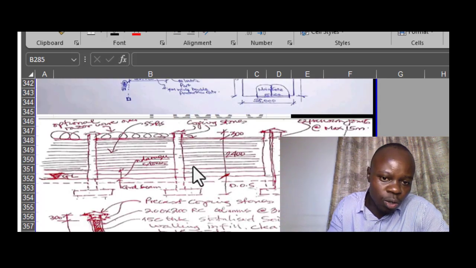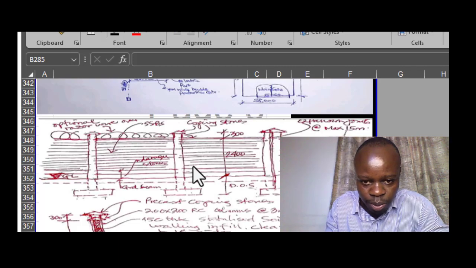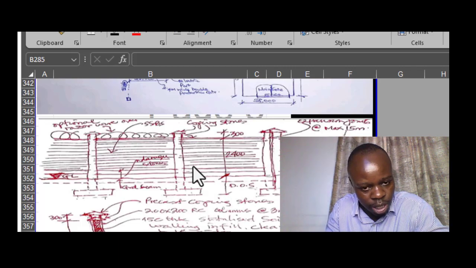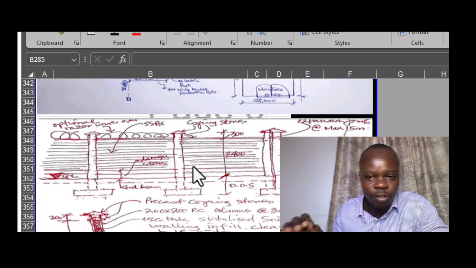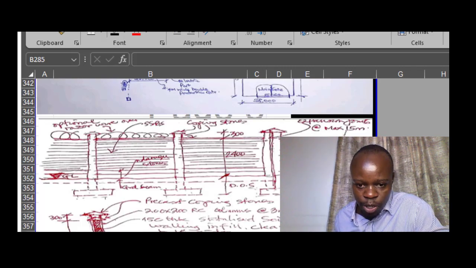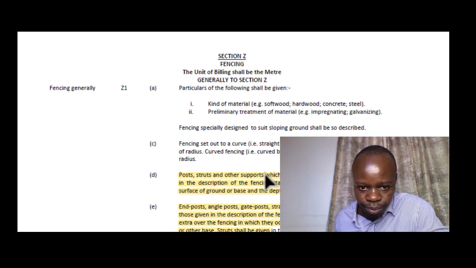Then you do your estimation for various elements in regard to such a section that is provided here. So our approach has been we relate to the rules. I show you what the rule is talking about in terms of how to go about that, and then I show you a typical example in terms of the estimation. So talking straight into what that means, we go to the rule, make our reference.